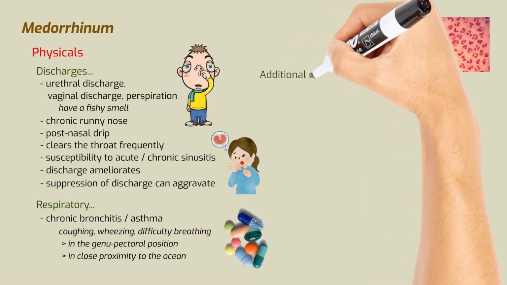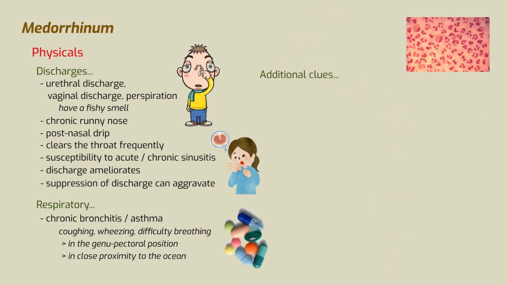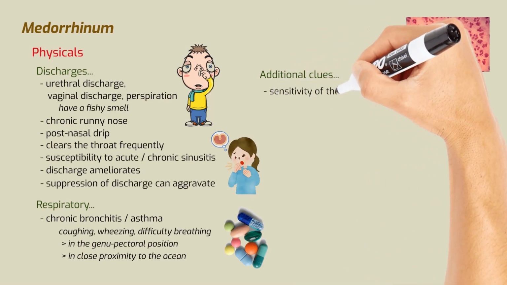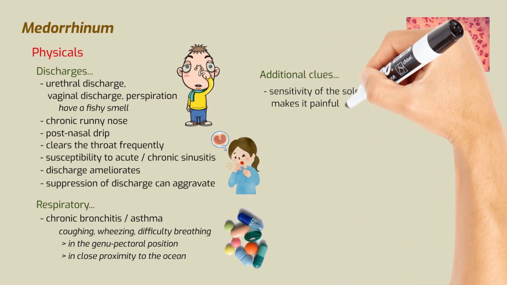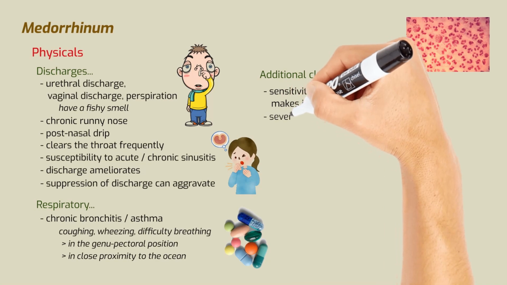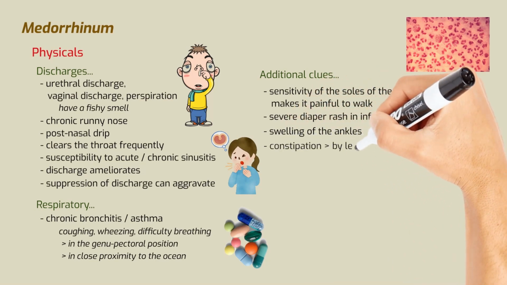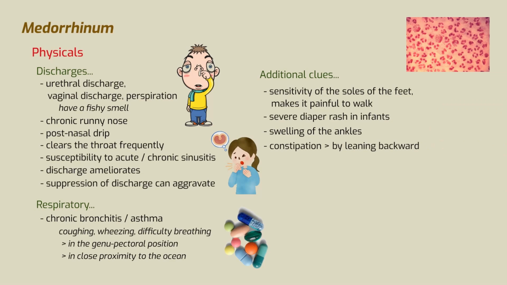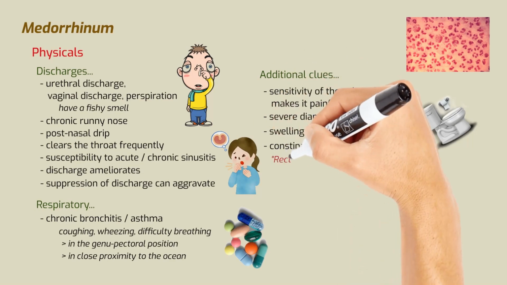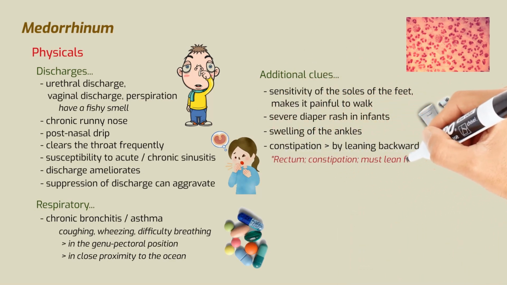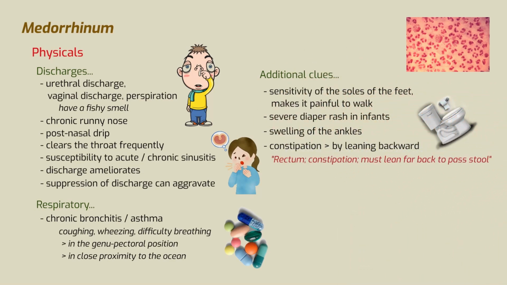A few additional specific clues that point to Medorrhinum include sensitivity of the soles of the feet that makes it painful to walk, severe diaper rash in infants, swelling of the ankles, and an unusual type of constipation that is ameliorated by leaning backward in order to be able to pass stool. Medorrhinum is the only remedy listed under rectum constipation, must lean far back to pass stool.